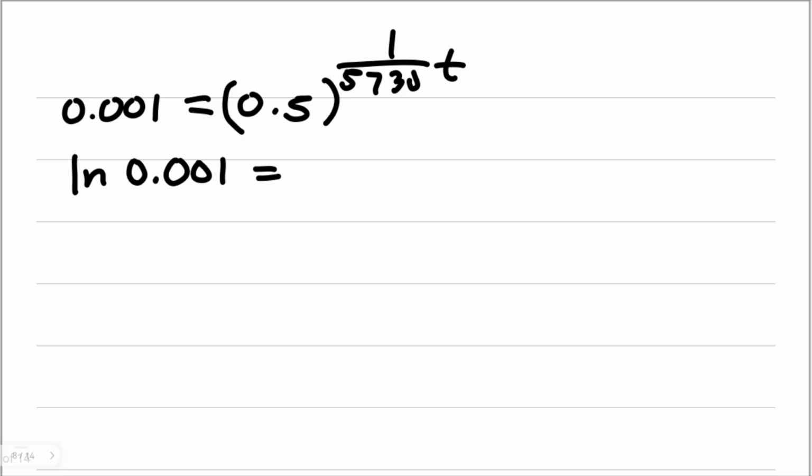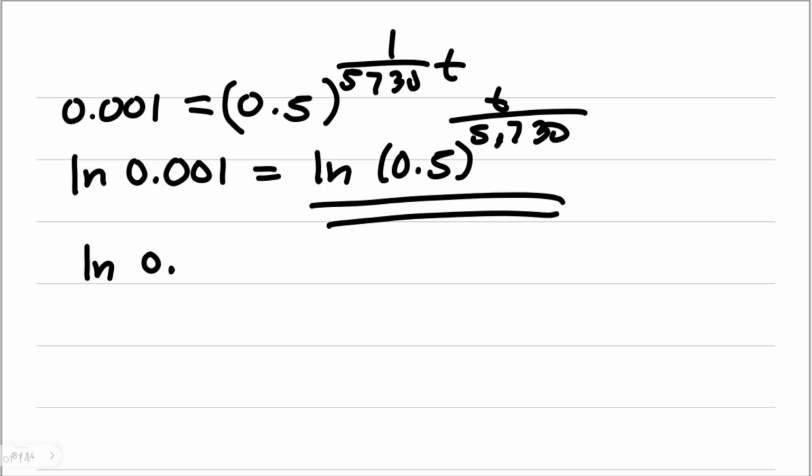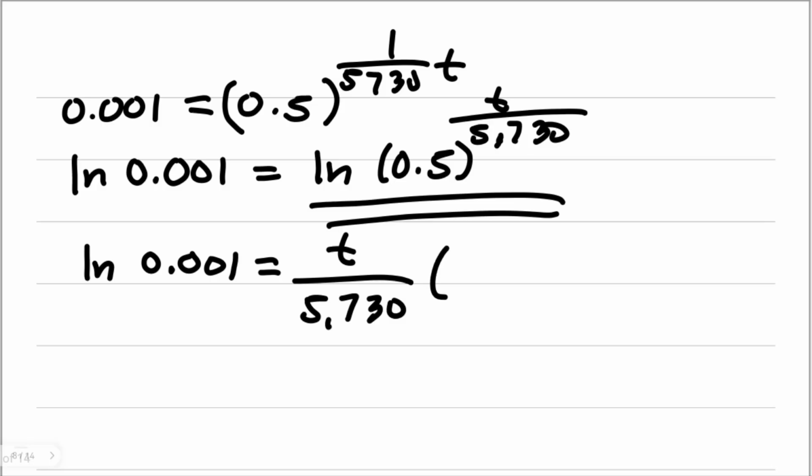The natural logarithm of 0.001 is equal to the natural logarithm of 0.5 to the power of t over 5,730, as I multiply all exponents. The reason for doing this is that the rules of logarithms are possible here. Natural logarithm of 0.001 is equal to t over 5,730 times the natural logarithm of 0.5.